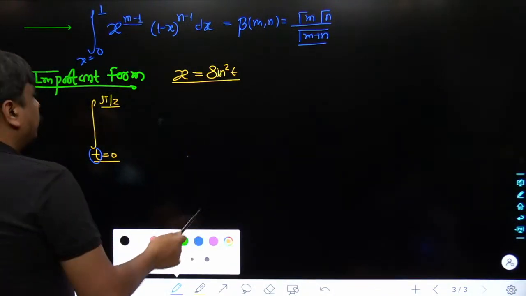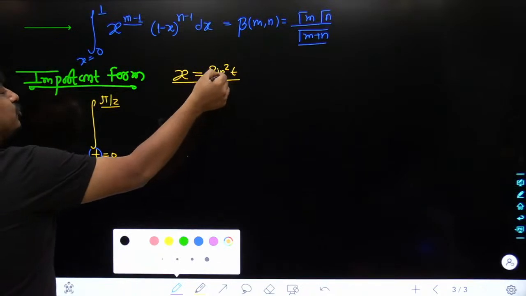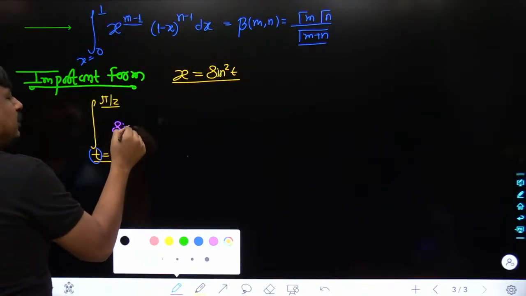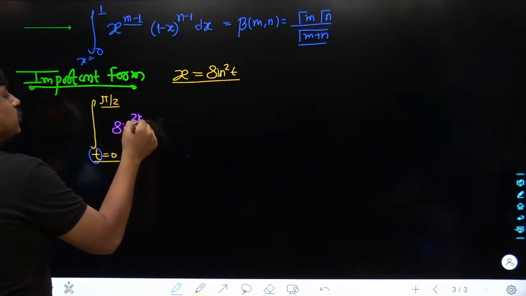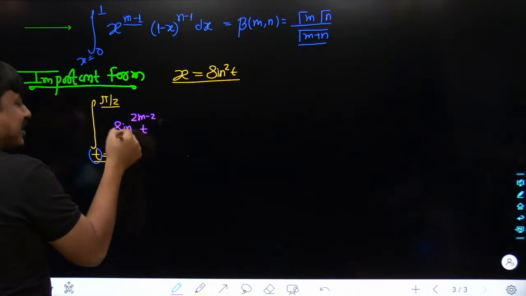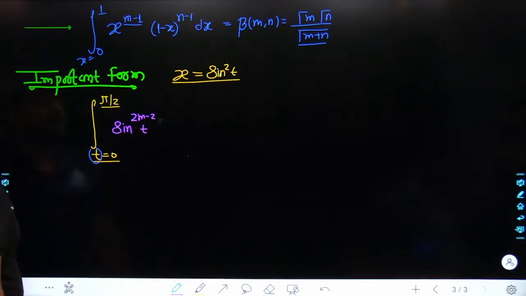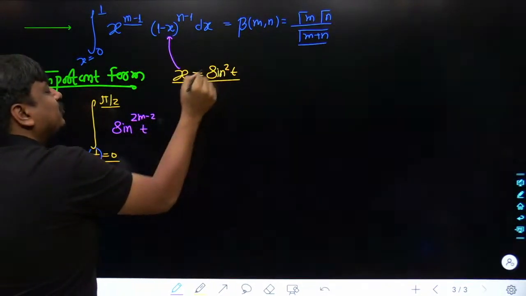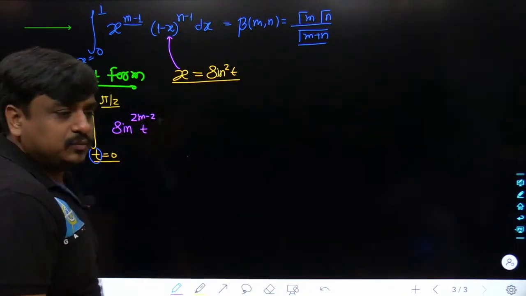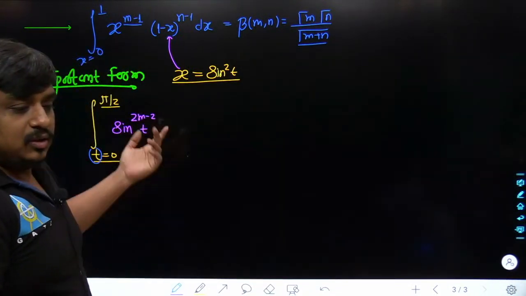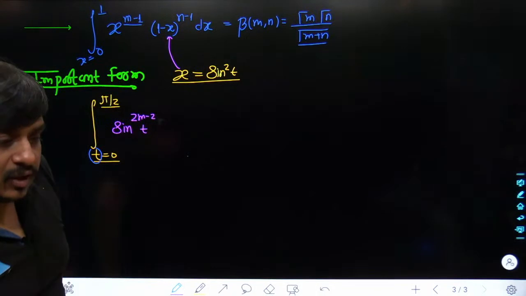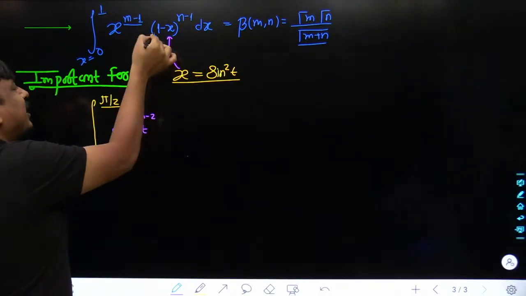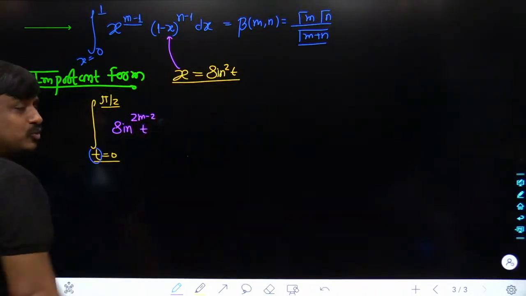So let me proceed further. See what's happening here. Sine square of t raised to the power of m minus 1 becomes sine of 2m minus 2 power of sine t. In the same sequence, x has been fed as sine square t here, so 1 minus sine square t becomes cos square t.